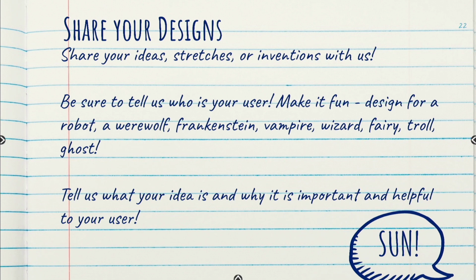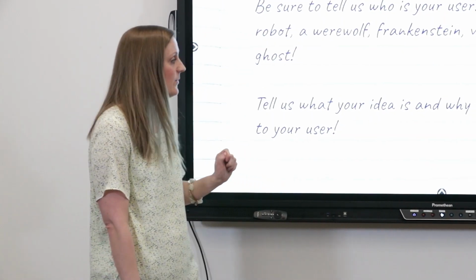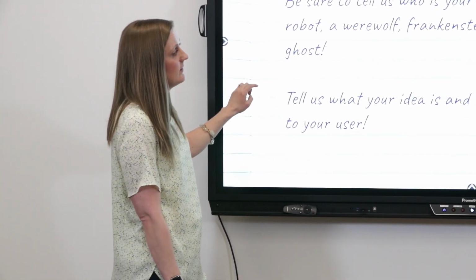And if you want to get even more creative, you can pick another extraordinary person, like a werewolf or a fairy or a robot or a wizard. You can get really creative on this design challenge. So please make sure to share your idea. It's really important that we hear from you, and make sure it's helpful to your user too.